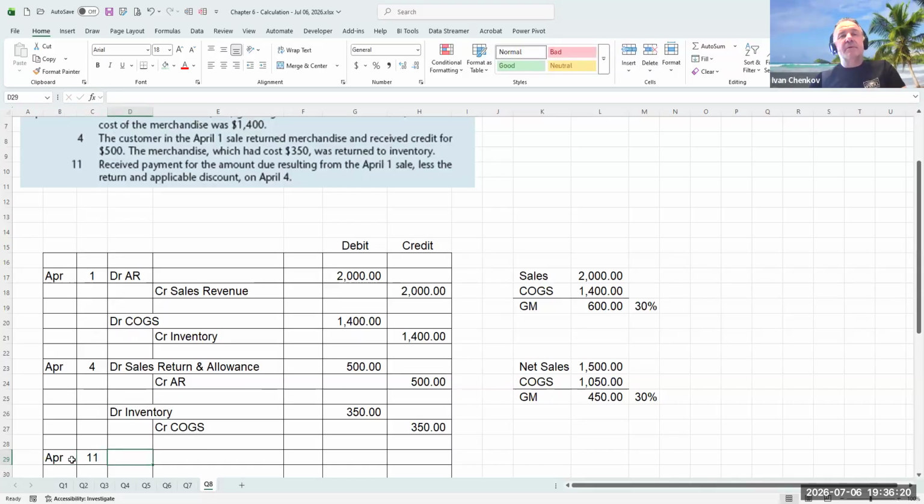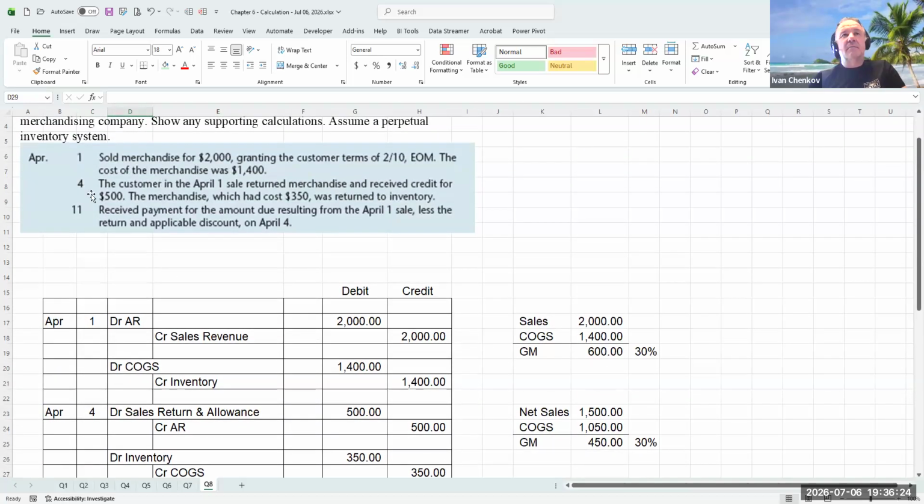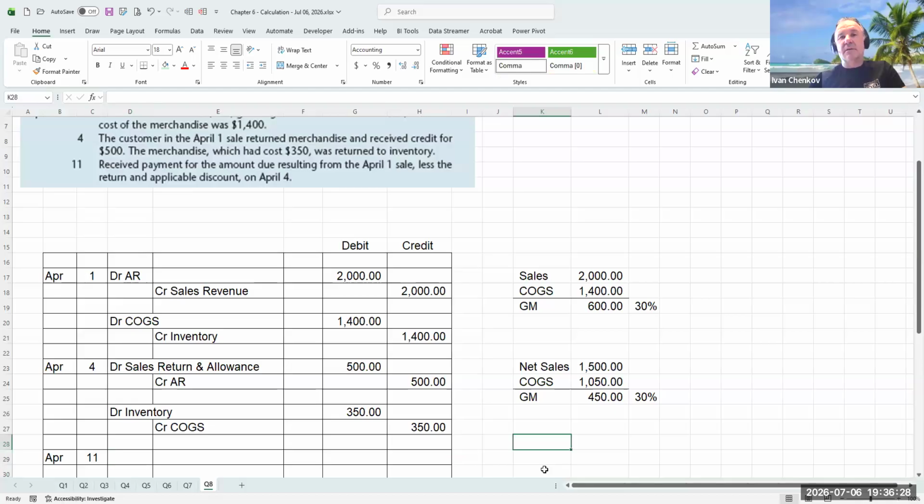the company is gonna pay us. But since they're paying within 10 days, they're gonna enjoy a discount of 2%. So how much is the accounts receivable that they have to pay? So the first was 2,000 minus 500. So accounts receivable is 1,500.